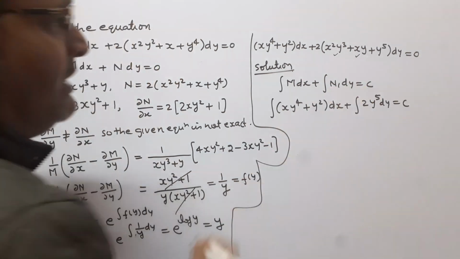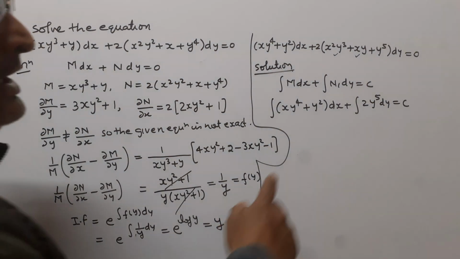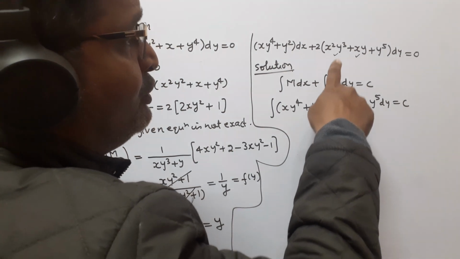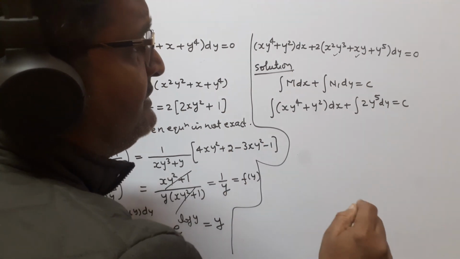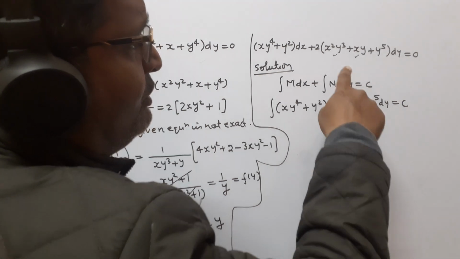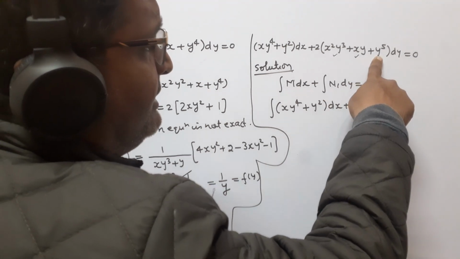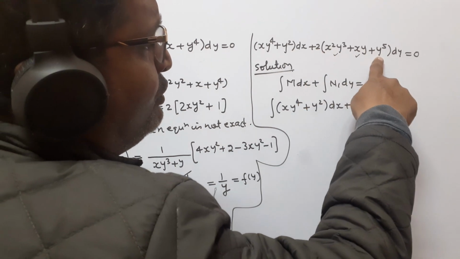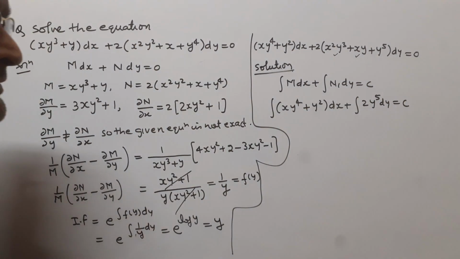So here N1 is obtained from N, and in N1 we take those terms of N in which x is absent. So here x is absent in this third term, so we take N1 is equal to 2y^5.